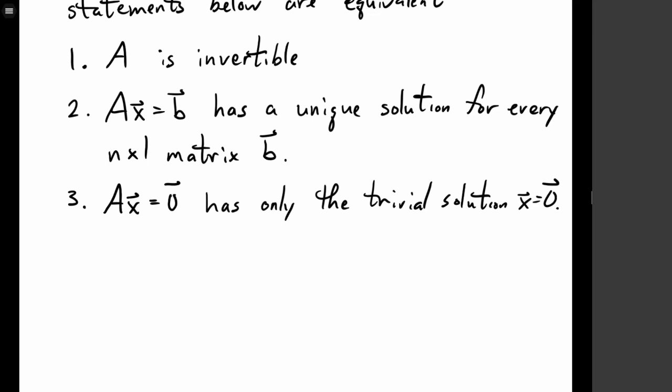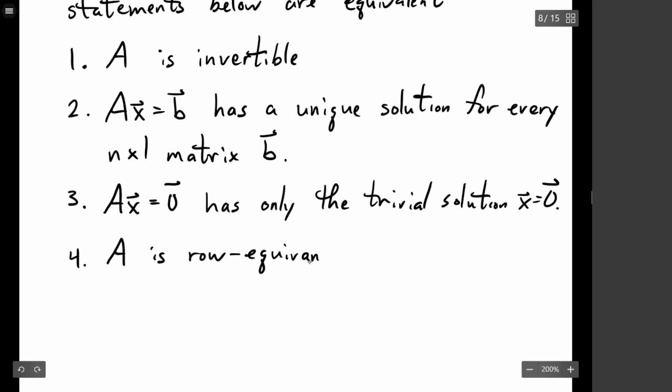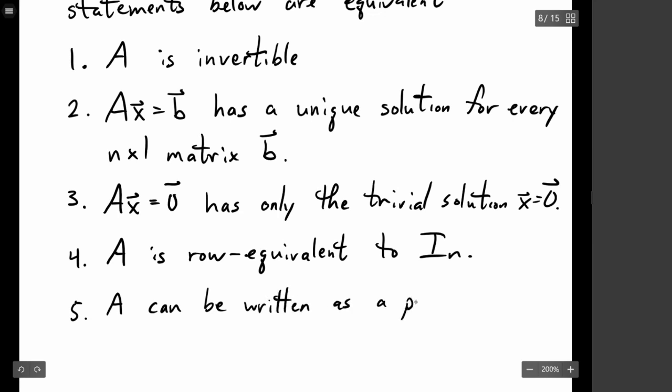Or, A is row equivalent to the n by n identity. And 5, A can be written as a product of invertible matrices.